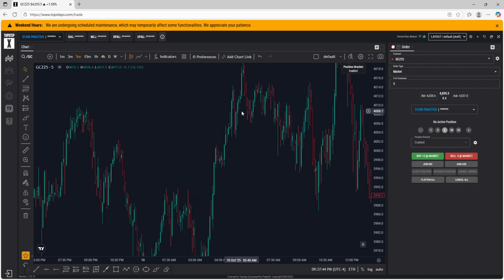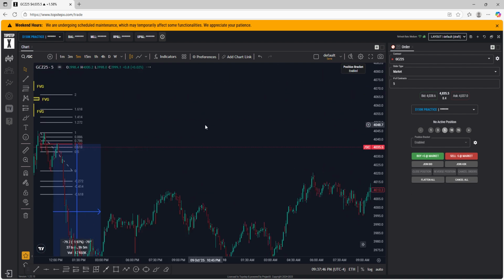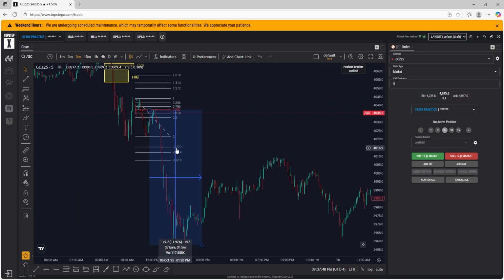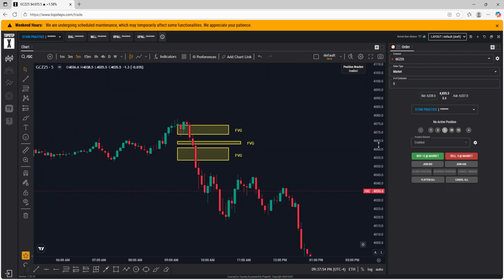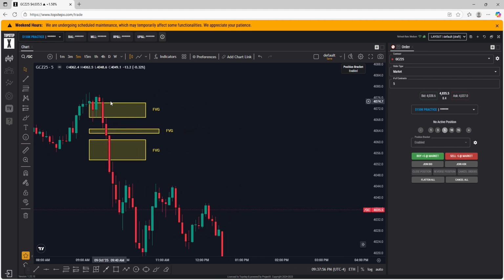So let's mark this up, right? So here we have gaps, right? That was created by, in this case, institutional candles, right?